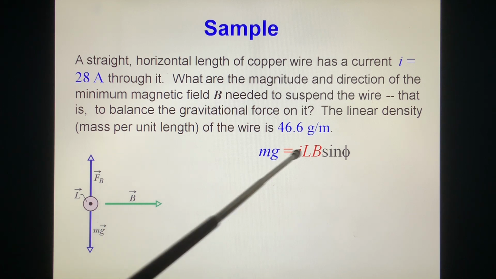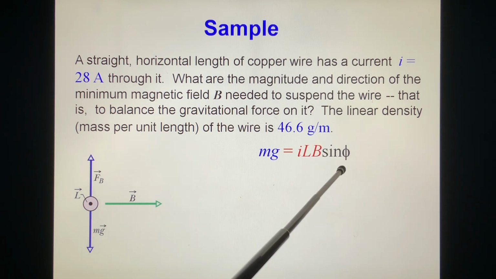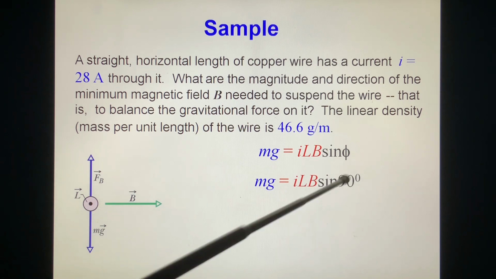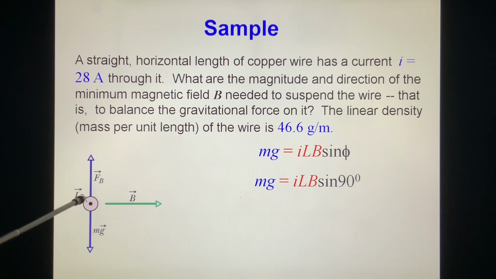And in order to find the minimum B, we must have the maximum sine phi. In that case, phi is equal to 90 degrees. Okay, so B can be minimal. In other words, the angle between B and the current is 90 degrees. So the direction is perpendicular to the wire, and perpendicular to I.